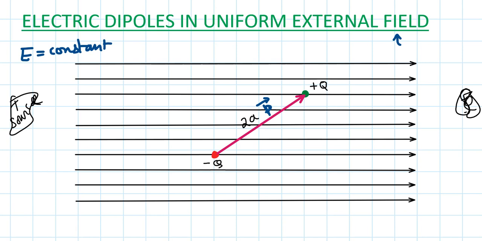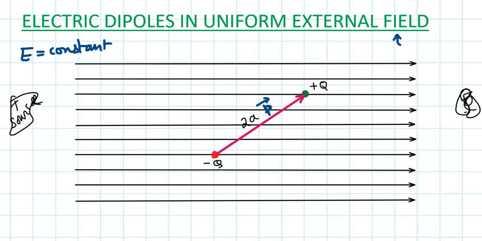Now I can talk about the orientation of this electric dipole in this electric field. The dipole moment is oriented in a certain way with respect to the external electric field.